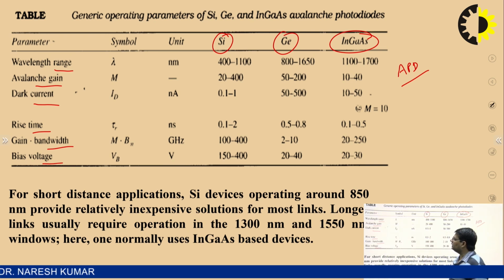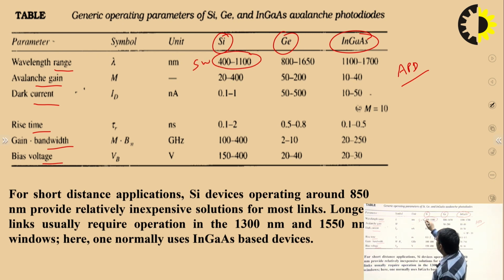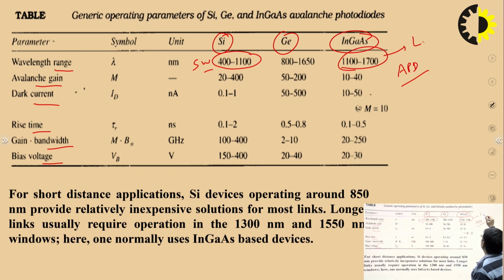For example, again in the case of bias voltage, wavelength region, for short wavelength and for long wavelength region.